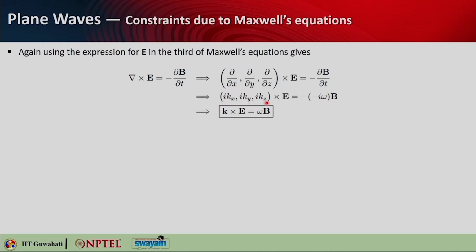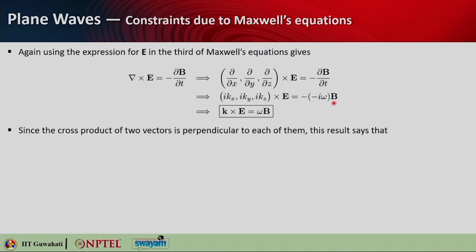So ∂x is nothing but ikx in the Fourier space, and you obtain this. Time derivatives ∂t can be written as minus iω. So once you see this, you can write this as your k vector cross E equals ωB.